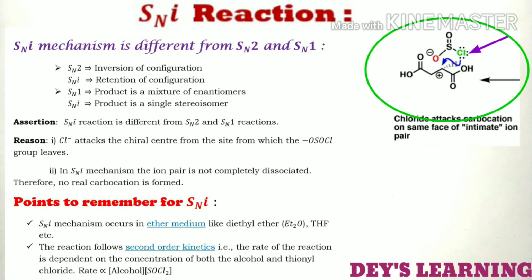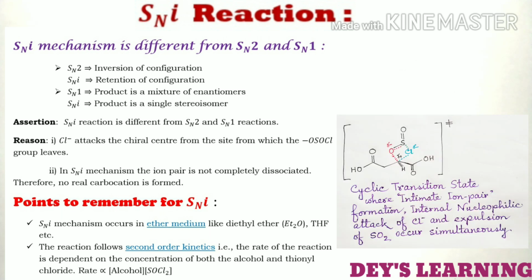The Cl minus, the nucleophile, attacks the chiral carbon from the side from which the leaving group leaves the substrate. So this is actually the cause of retention of configuration. And again, in this mechanism, the ion pair is not completely dissociated. That is, no real existence of carbocation. This is very important. We just consider this sort of cyclic transition state.